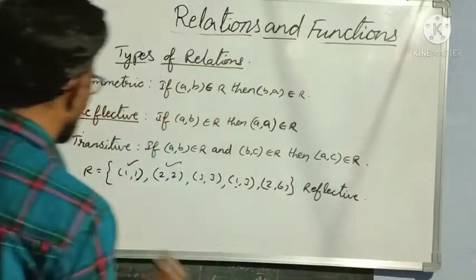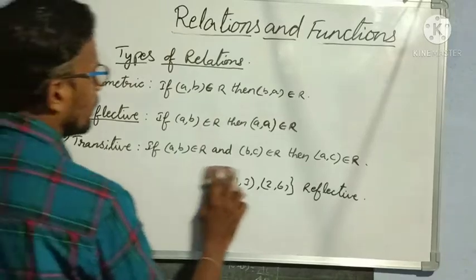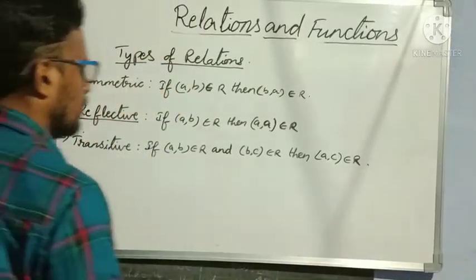Next, last but not least, transitive relation. How to see a transitive relation?